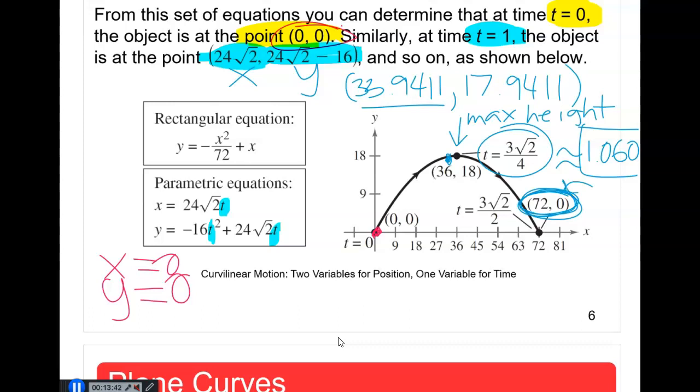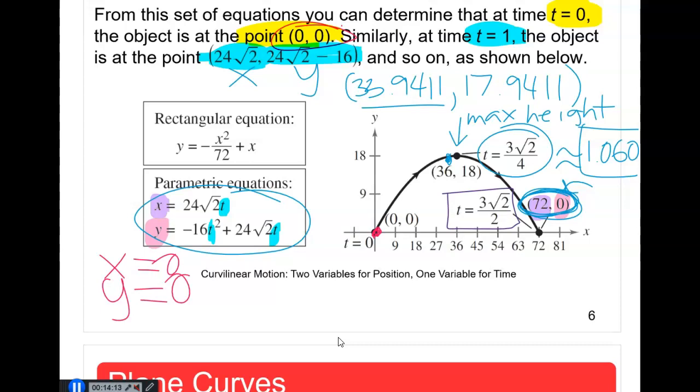So to find the time, you could potentially take the 2 equations, and in this case substitute x with a 72, and substitute y with a 0, and then you will be solving for t. If you were to do that, you will find that the time when that occurred was 3 times the square root of 2 divided by 2.